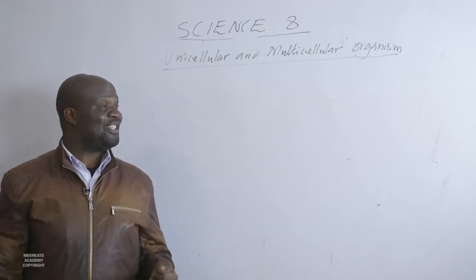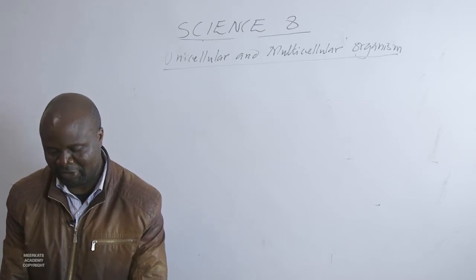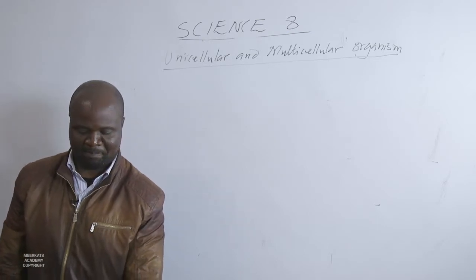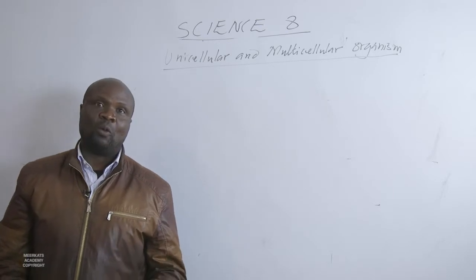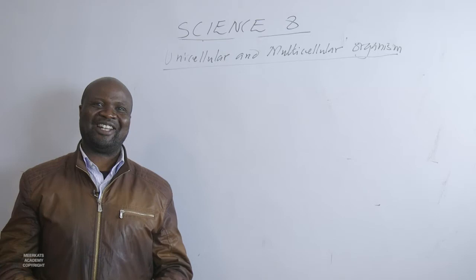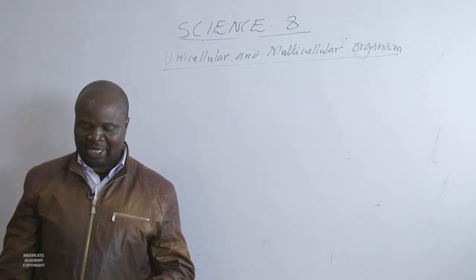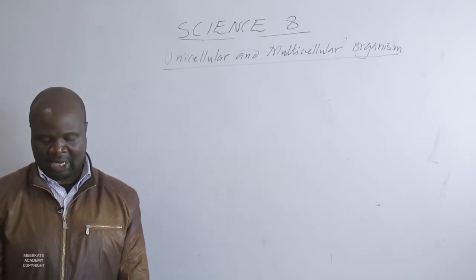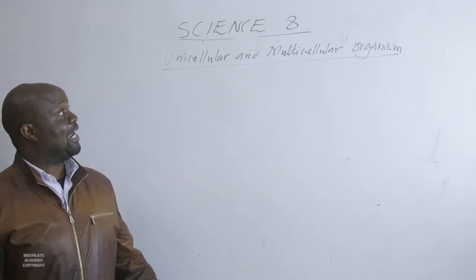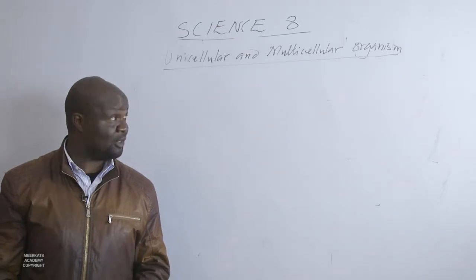On unicellular and multicellular organisms, we say we have plants which are unicellular and others which are multicellular organisms. We are saying plants and animals are multicellular organisms.